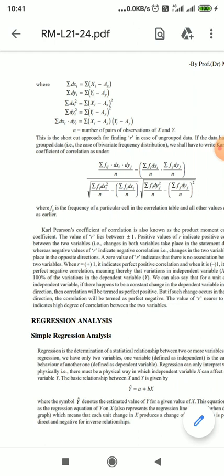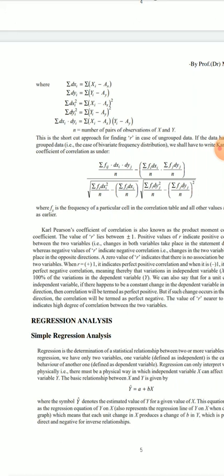between x and y, whereas the value of r equal to positive one indicates perfect positive correlation, right? When its value is negative one, it indicates perfect negative correlation, meaning thereby that variation in the independent variable x explains 100% of the variation in the dependent variable y.